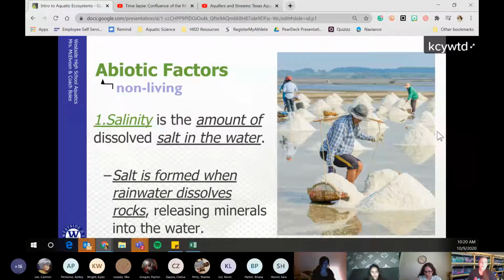We kind of moved the part of the lecture about what types of salt are formed to the oceans unit, which is about salt water. But you do need to know that salt is formed when rainwater dissolves rocks, or when you're up in the higher elevations, the water is more turbulent, it moves faster, and so it starts to erode the rocks away.